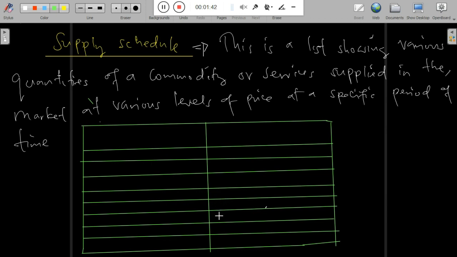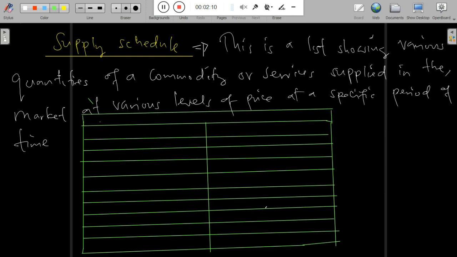So as you can observe, on the left hand side of the graph we have the price, and on the right hand side we have the quantity.